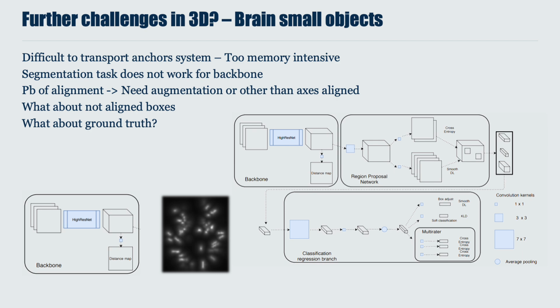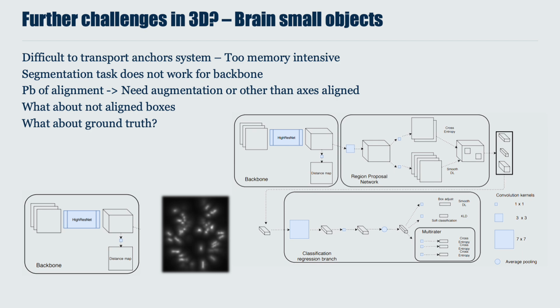And also because when you think of it, while in 2D it's reasonable to think of boxes as aligned to the different axes, in 3D that becomes much more complicated and much less true, and you may actually lose quite a lot of space and of precision if you were only to consider axis-oriented boxes. So that's where thinking of other types of boxes, or maybe not boxes, but other geometric objects can be interesting.